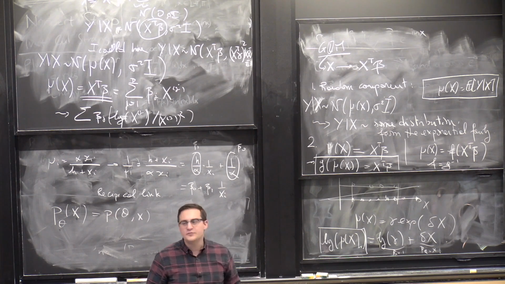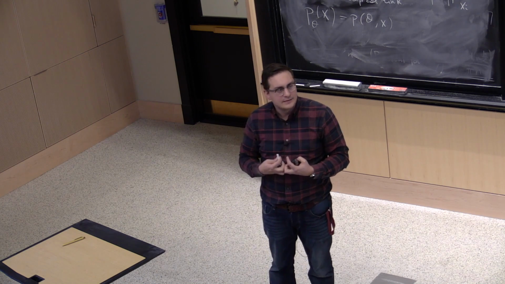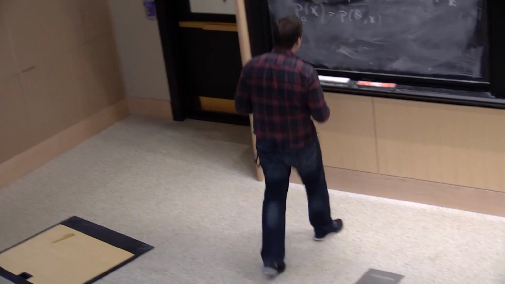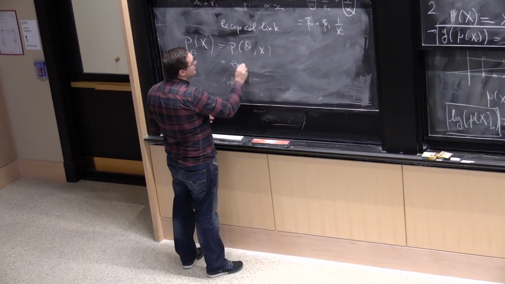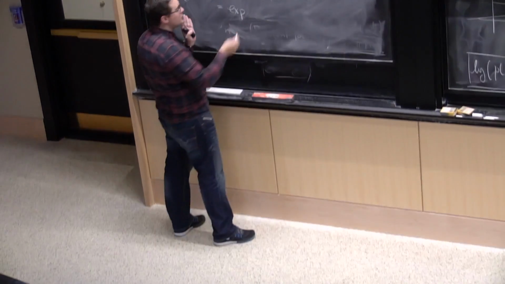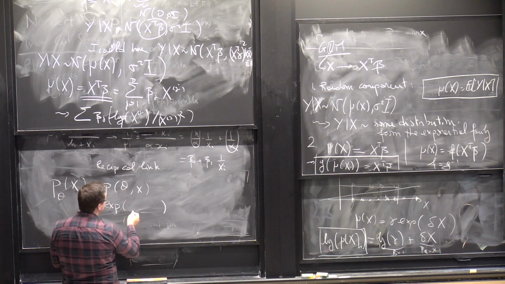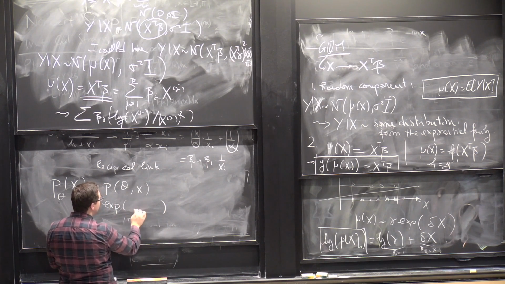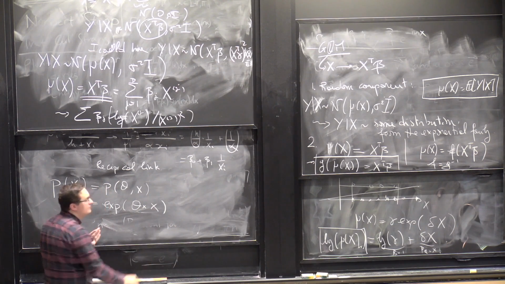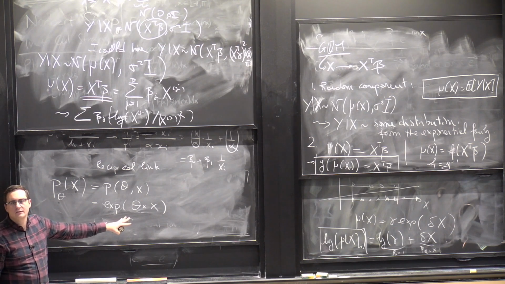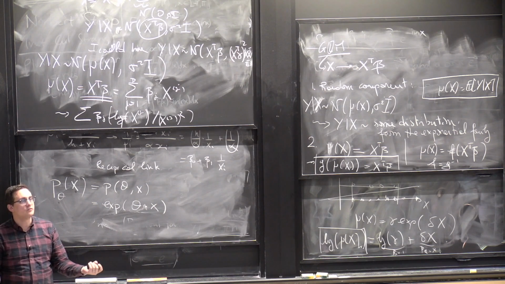What the exponential family does for you is that it restricts the way these things can interact with each other. It's essentially saying that this is going to be of the form exponential. This exponential is really not much, because I could put a log next to it. But what I want is that the way theta and x interact has to be of the form theta times x in an exponential. That's one of the simplest ways you can think of them interacting: you just take the product of the two.